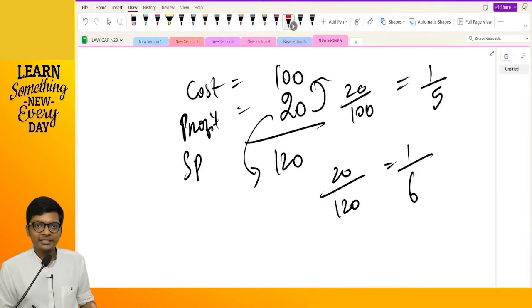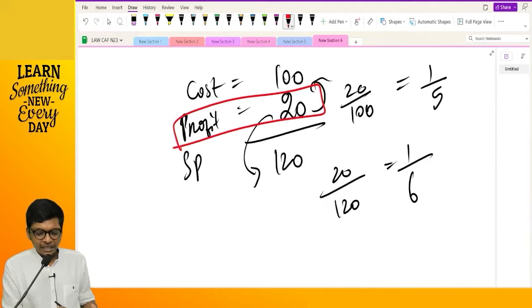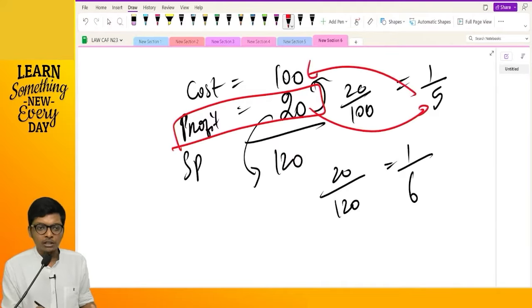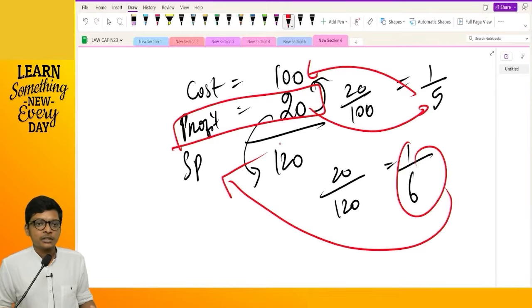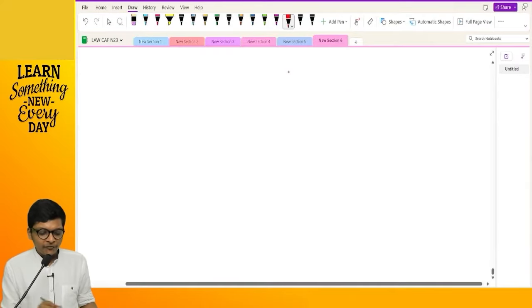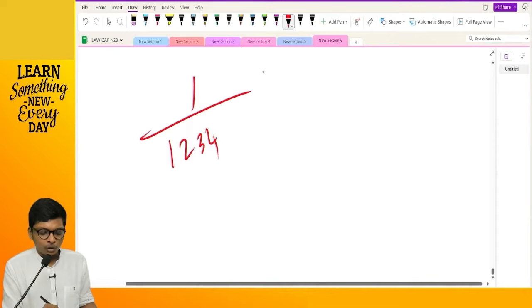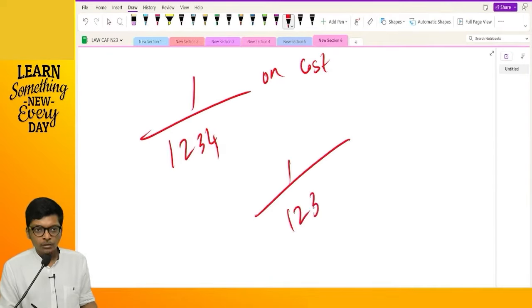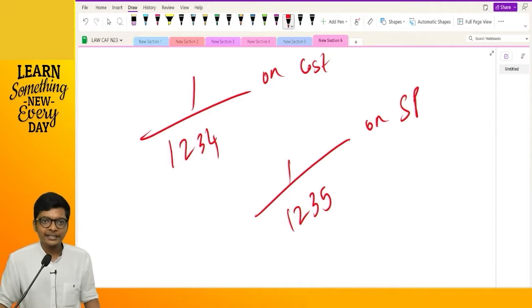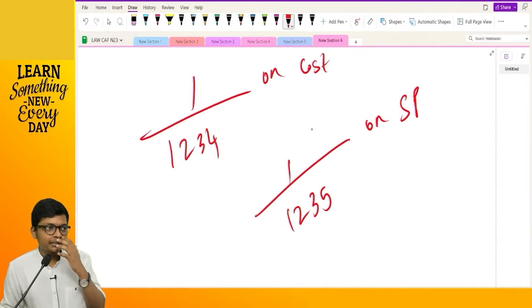Are you following, guys? So if profit is 1 by 5 on cost, it will become 1 by 6 on selling price. This is the shortcut for the exam, but understand how it's derived. So if my profit is 1 by 4 on cost, it will become 1 by 5. Are you following, guys? It's a math trick that will work out.